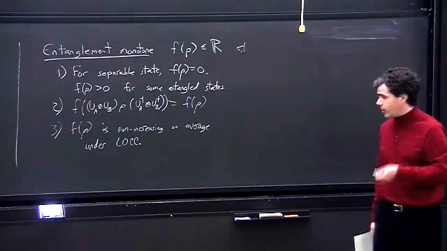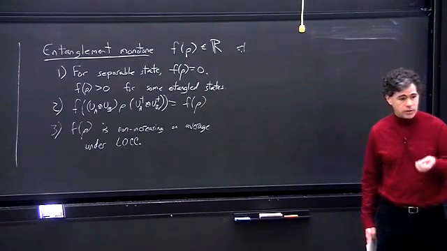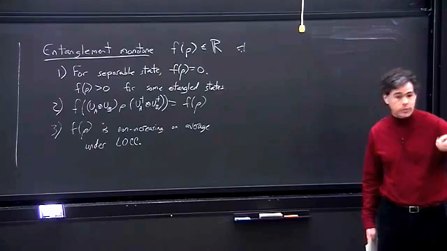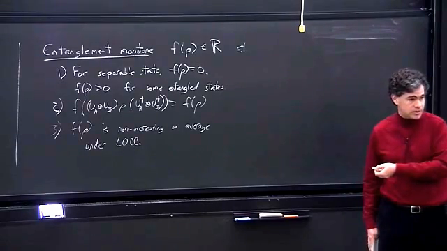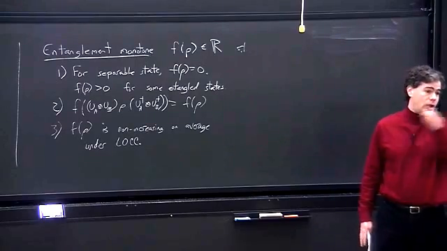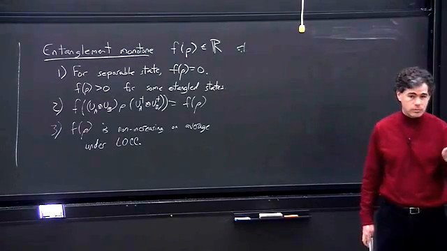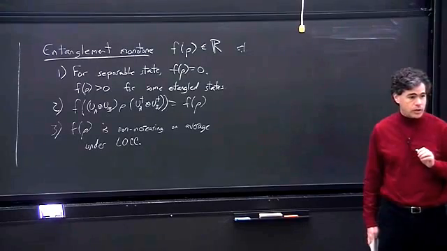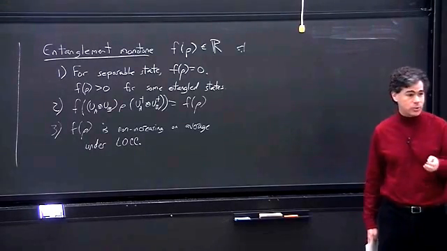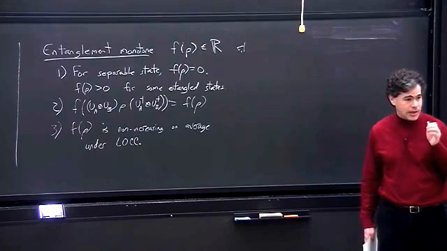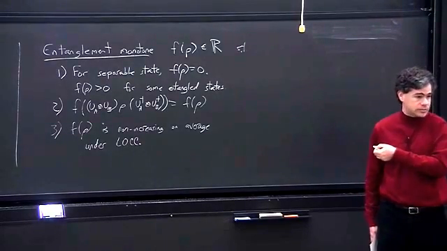Now, it turns out there are some measurements you can make on the state that, with some small probability, will give you a maximally entangled state. Most of the time, it will not. It will give you either an unentangled state or a very low entangled state. But the point is that there's some sort of gambling you could do with this state, where you make this measurement, and there's some chance of getting a state with more entanglement.